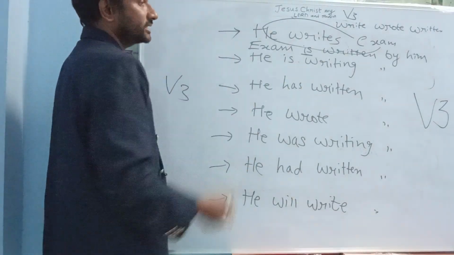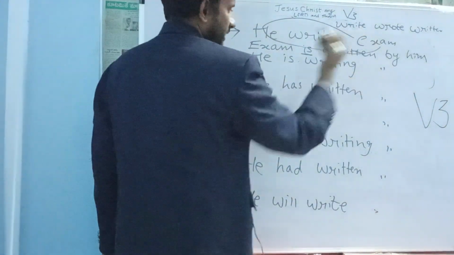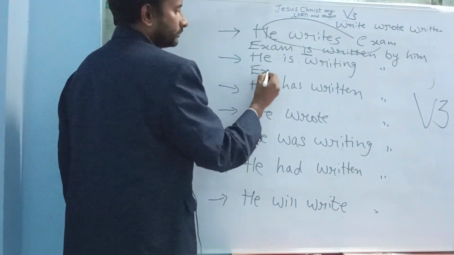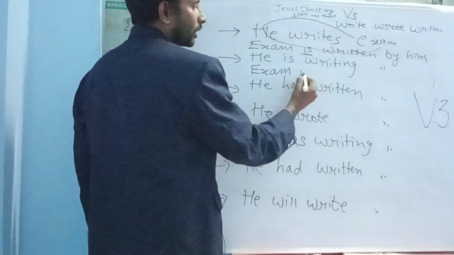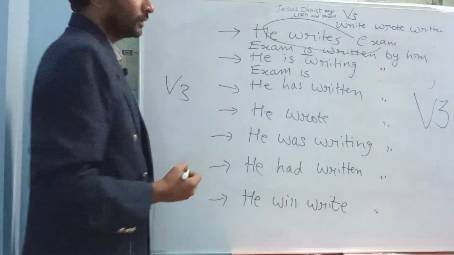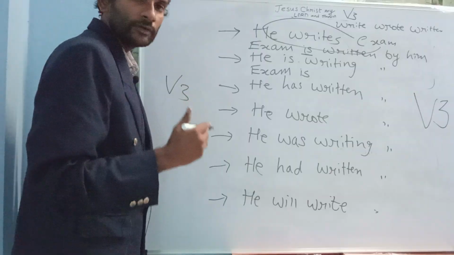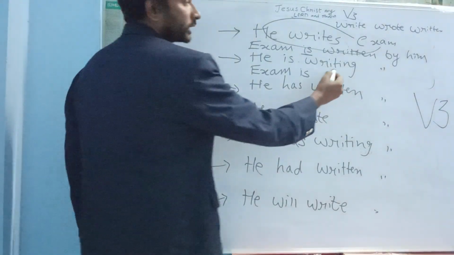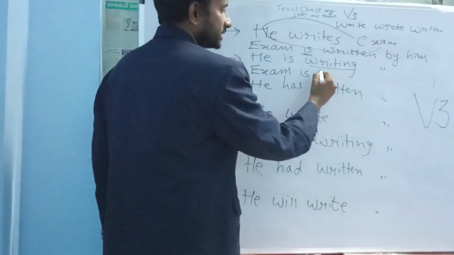Next one is he is writing exam. So here is is already there. Just bring down exam is. We have to write V3. In passive voice, what do we have to do? We have to always use V3. So writing, what is the V3? That is written. Exam is written.